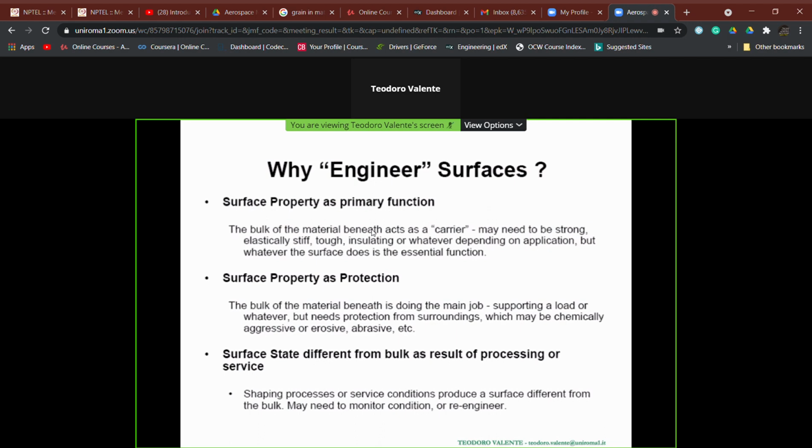Or it can act as protection of the component, for example. Or it can have different properties, with respect to the bulk, what is under the surface, depending on processing, treatment, or resulting behavior in service.